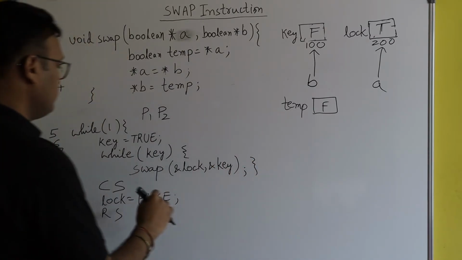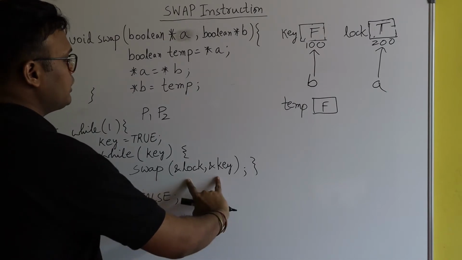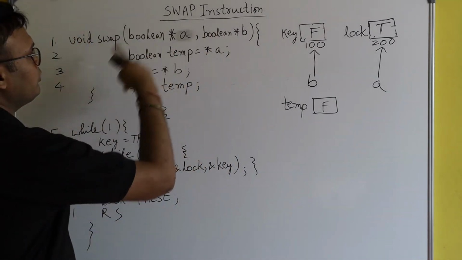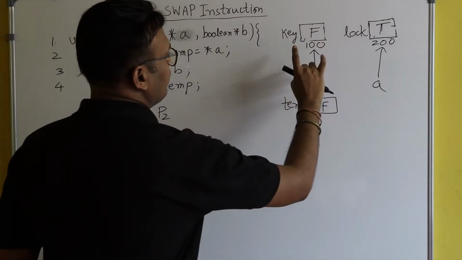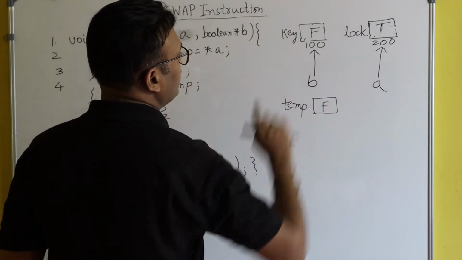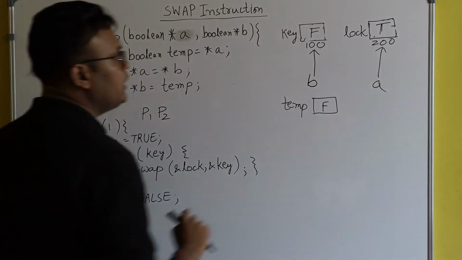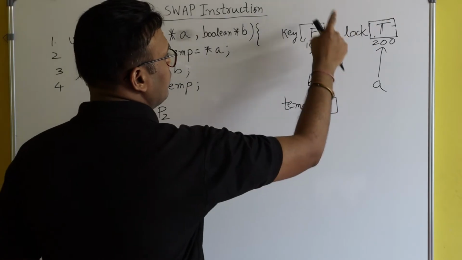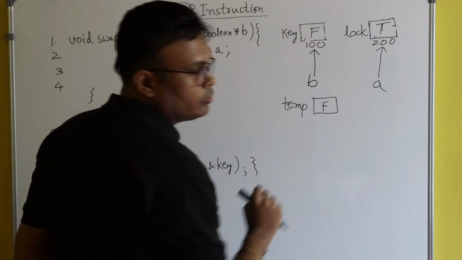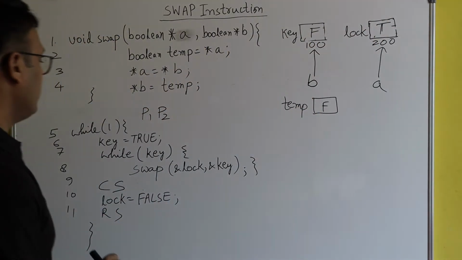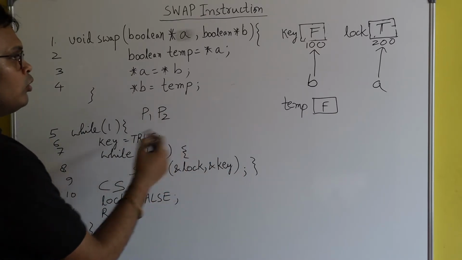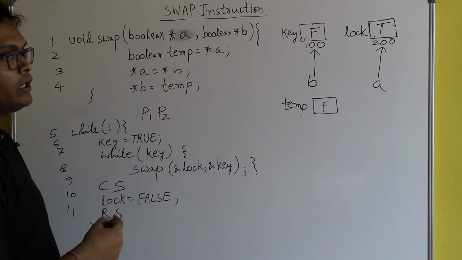Now you see, after the execution of this swap instruction, the value of lock and key has been swapped. Initially, key was true and lock was false, and now key is false and lock is true. Okay. So after this, since it's a while loop, the while loop will run till the condition is true.